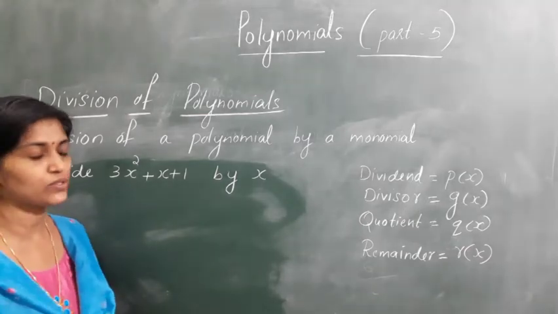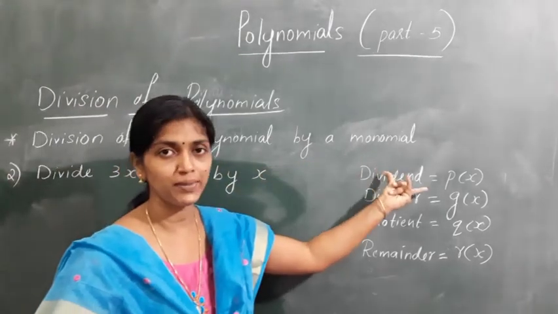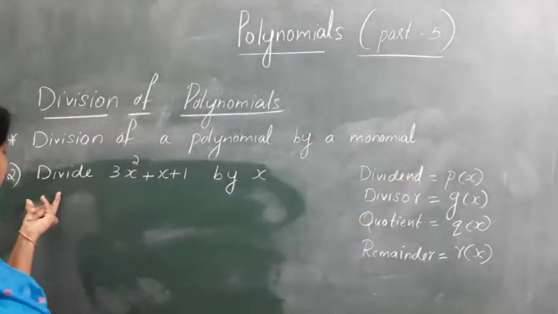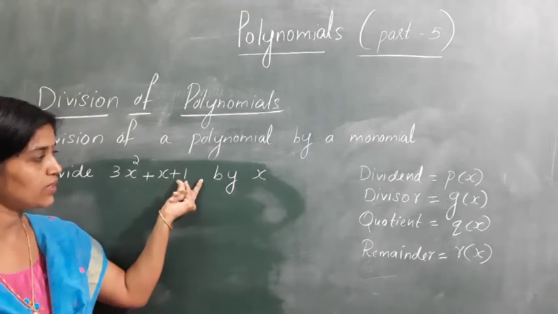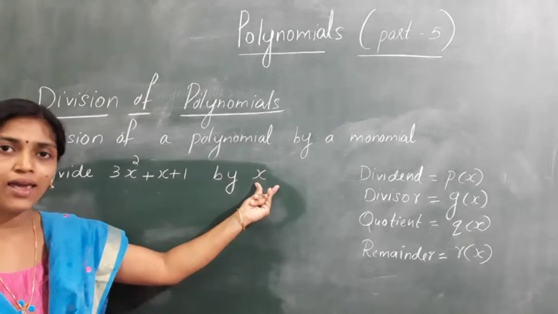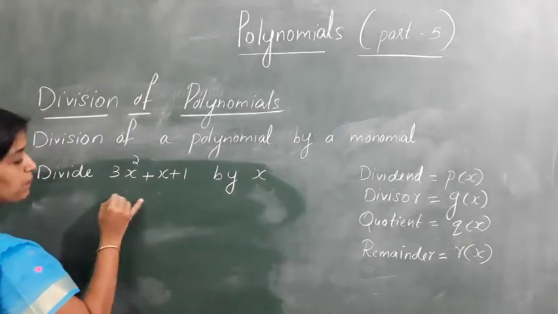Now we see the next question, that is division of a polynomial by a monomial itself. Here you can see our polynomial is 3x square plus x plus 1 and our monomial is x. So this one we are denoting as p of x.